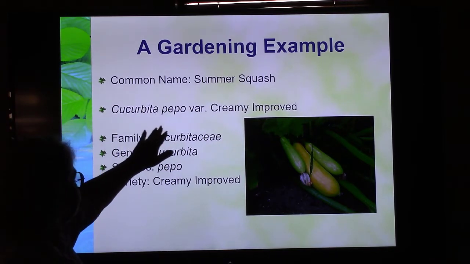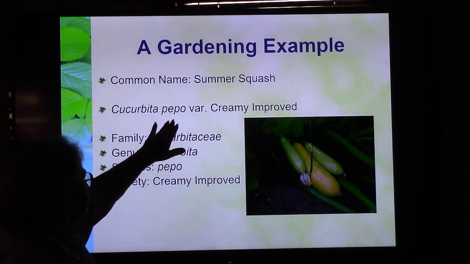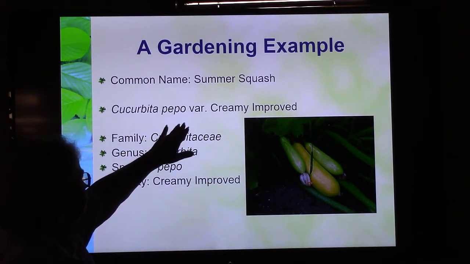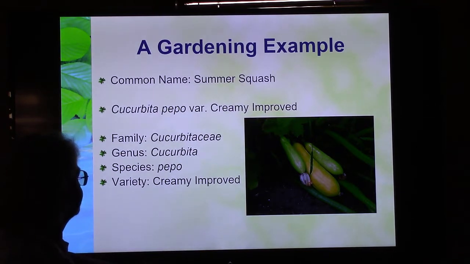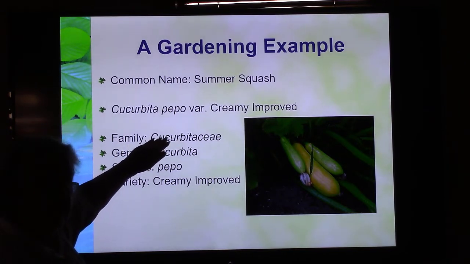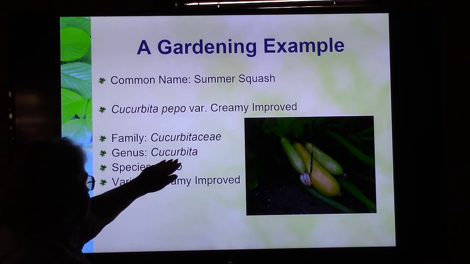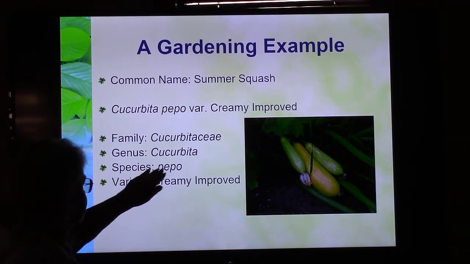Here's its scientific name, Cucurbita pepo, variety creamy improved. Okay, the family, you told me, was Cucurbitaceae. The genus is Cucurbita. The species is pepo.